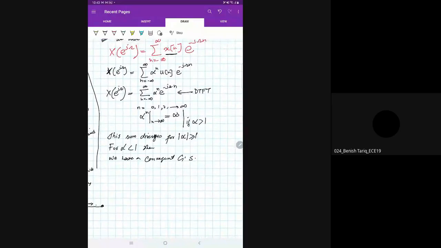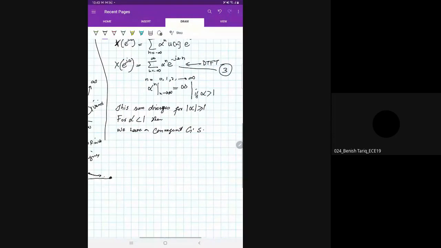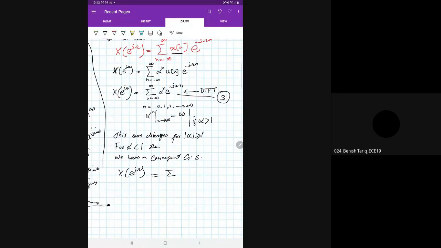Now see, say this is equation 3 here. Equation 3 can be written as X of e raised to power j omega equal to the summation of, see, u of n was here. So I should write n equal to 0 to infinity. Why?